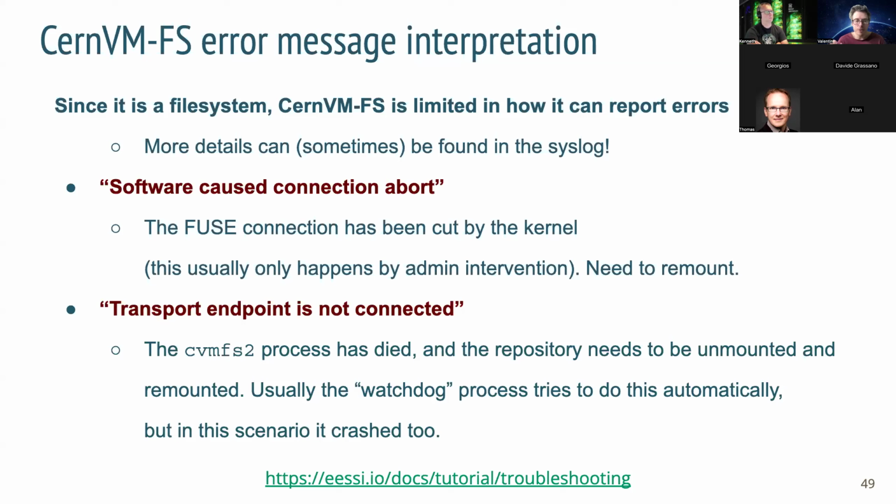Typically, we have a feature in CVMFS that we automatically unmount the repository so that the exit after the crash is clean. This is a separate watchdog process. You will also see this if you do a ps on your system with a CVMFS client. It usually shows you two processes for the same mount point, and one of those is this watchdog process that tries to do this automatically.